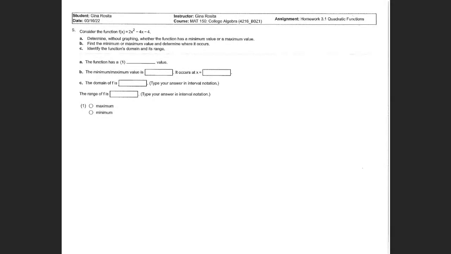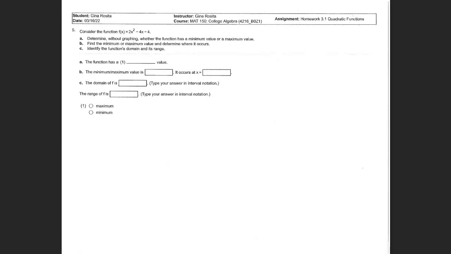I check the size for a little bit. Change color. Now number 3. Consider the function f of x equals 2x squared minus 4x minus 4.